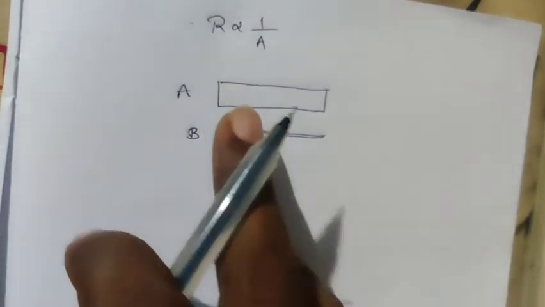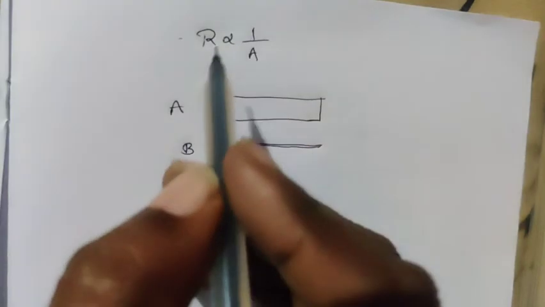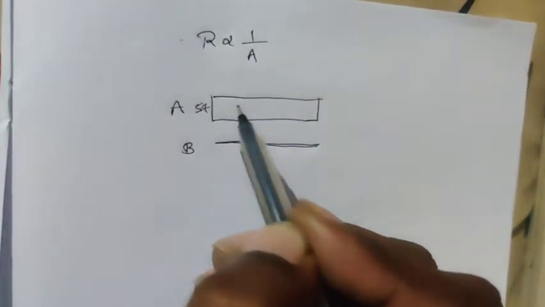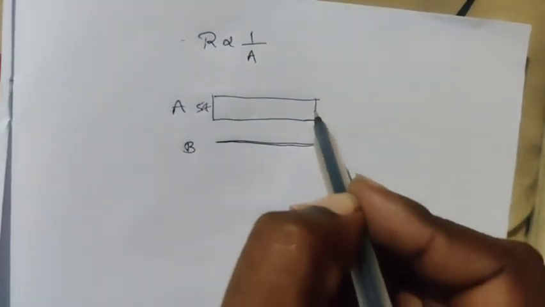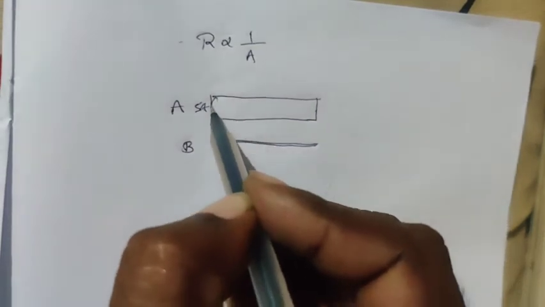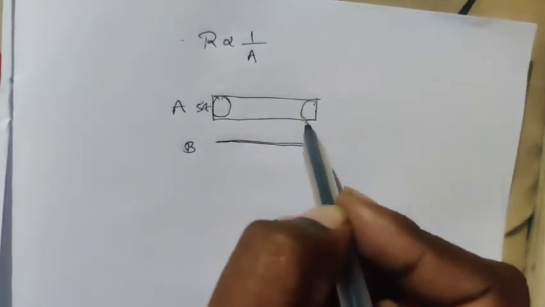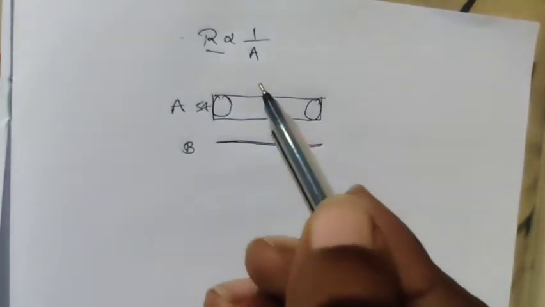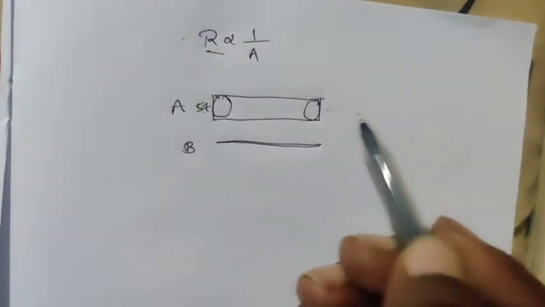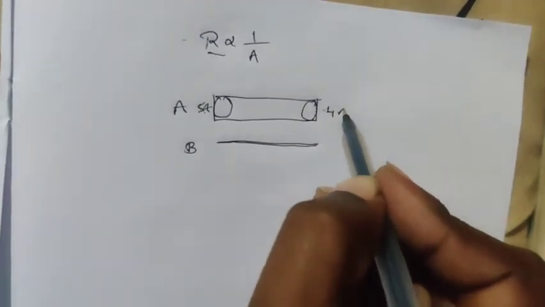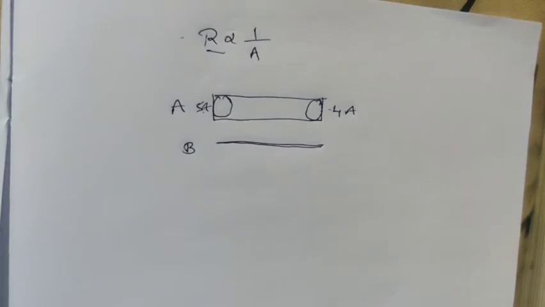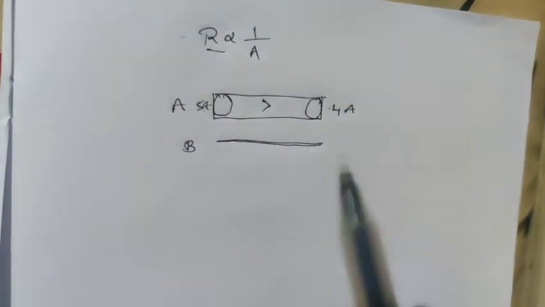But the area of one must be more. Send 5 amperes current from one side to the other. Here the area is more, so resistance is less. Resistance less means more current will pass. It may reach the other end at 4 amperes.